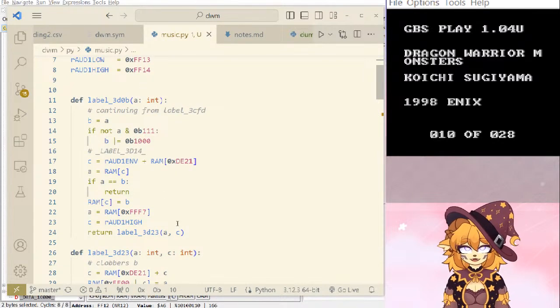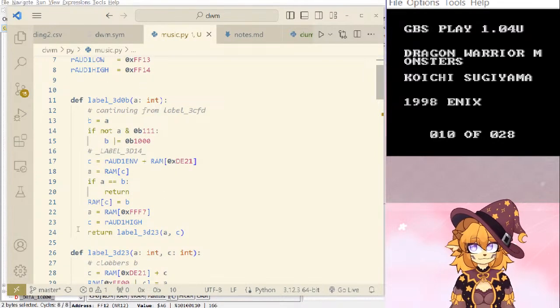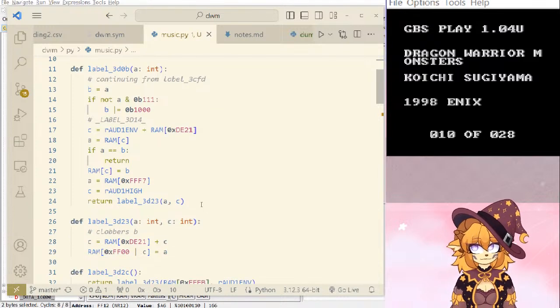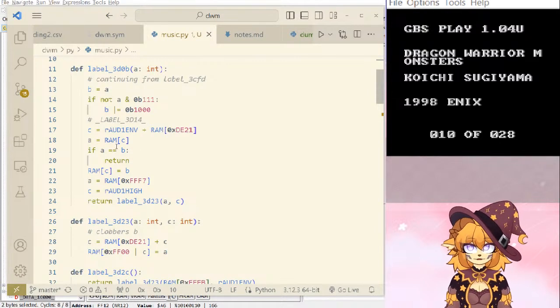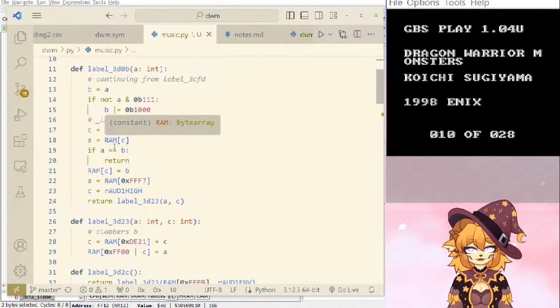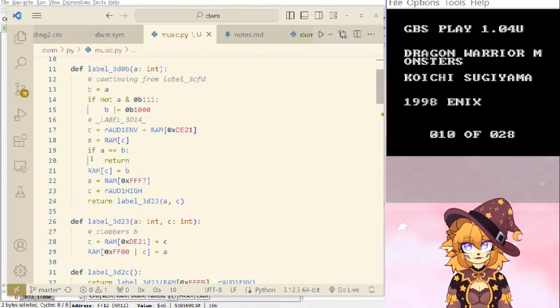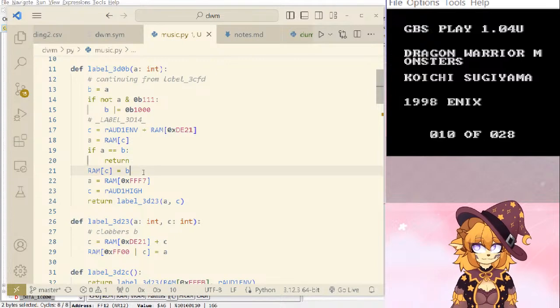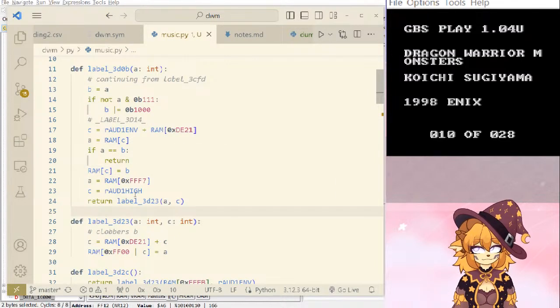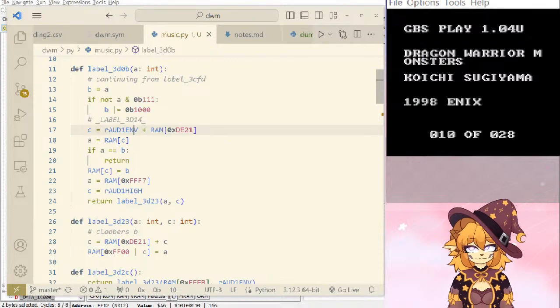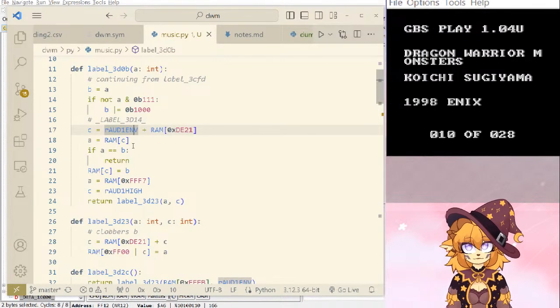So apparently we do set the volume envelope's function. I didn't realize. And we only do any adjustments if it's different from our last assignment. We only change the period if the volume envelope has changed, if it is different from this assignment.